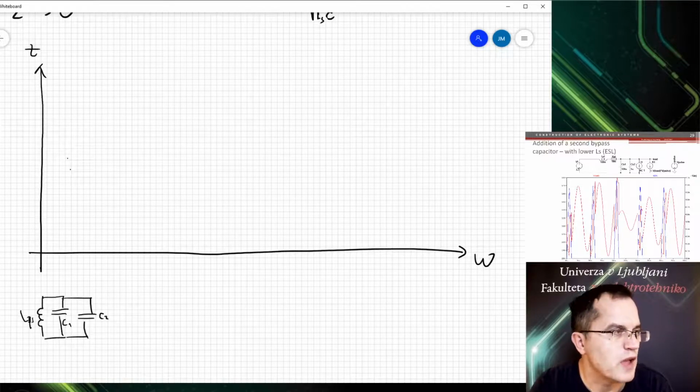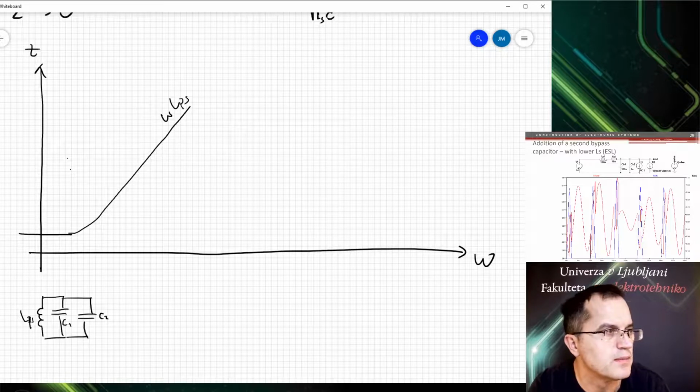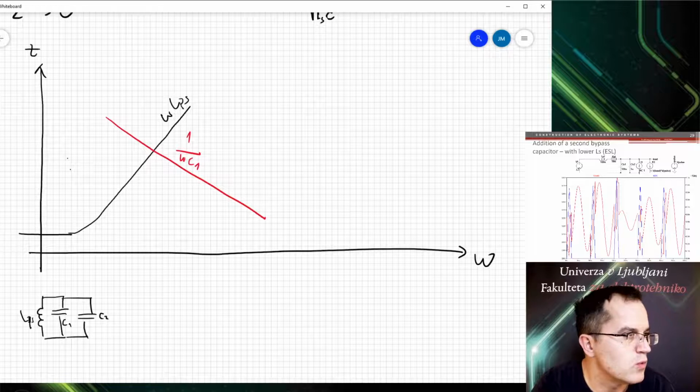So what I do have, I have low impedance at low frequencies. Then it increases with frequency. This is omega L power supply. Then I will draw it in red. I have the first capacitor. This is 1 over omega C1.